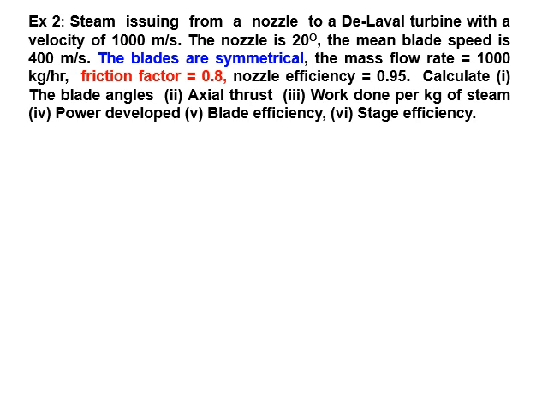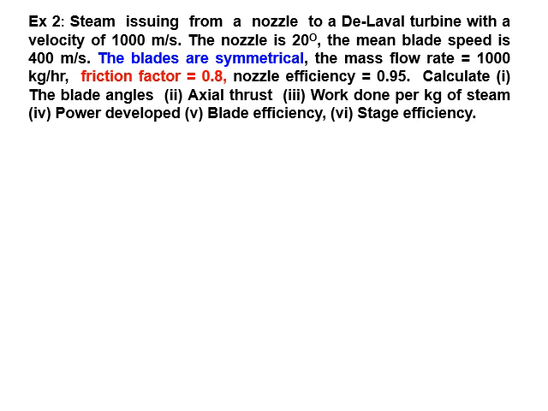Next, move on to the second exercise or second problem on single stage impulse turbine. Here the steam issues from a nozzle to a level turbine with a velocity of 1000 meters per second. The nozzle angle is 20 degrees. The mean blade speed is 400 meters per second.